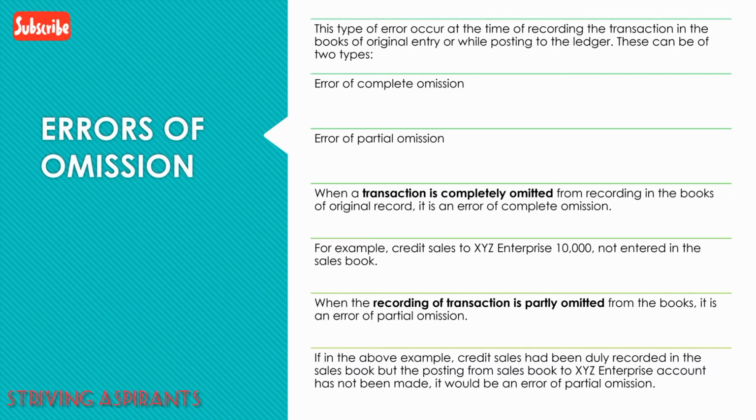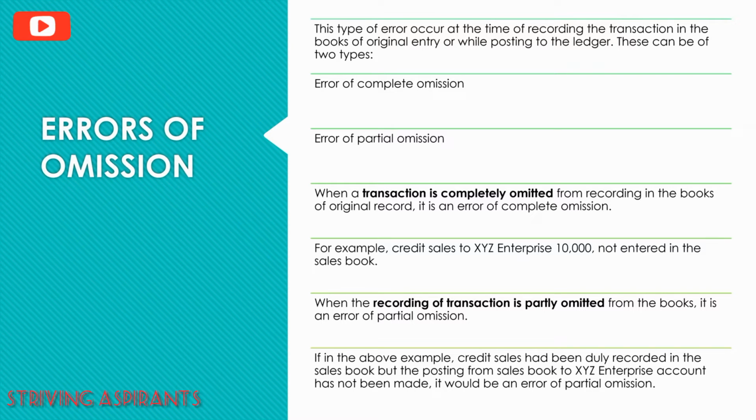When a transaction is completely omitted or ignored or not recorded in the books of original record, it is an error of complete omission. Example: credit sales to XYZ Enterprise 10,000 not at all recorded in the sales book. It's completely ignored or omitted. That is the error of complete omission.